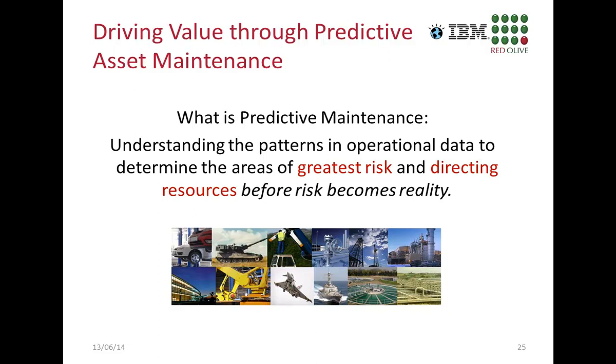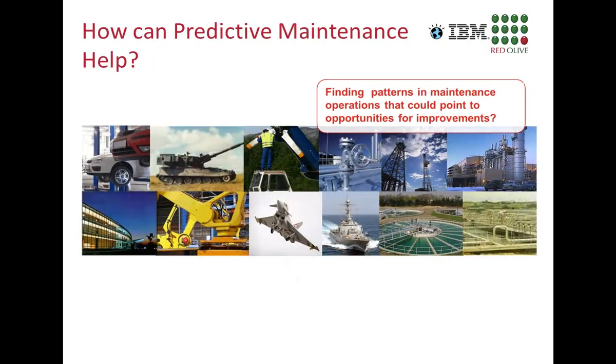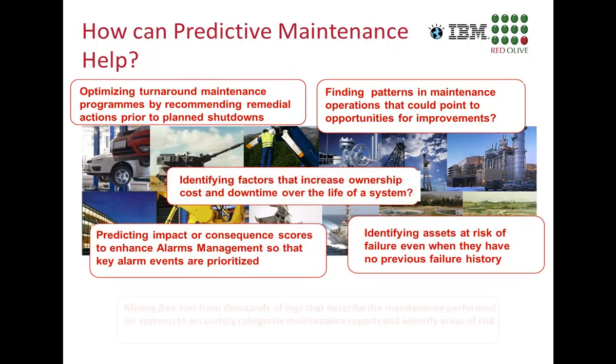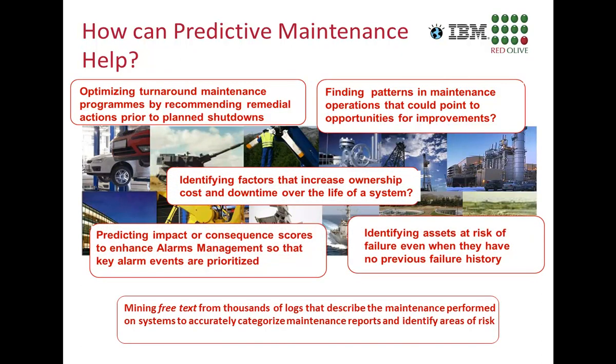So we're very strong here at SPSS in terms of predictive maintenance within multiple different industries, and how we can use predictive maintenance to help you as an organisation. For example, finding patterns in maintenance operations that could point to opportunities for improvements.